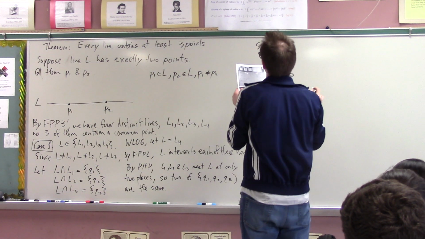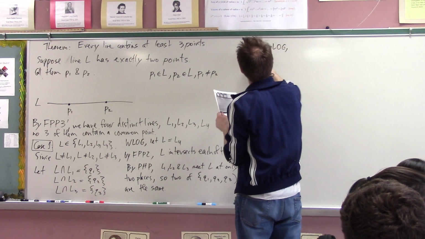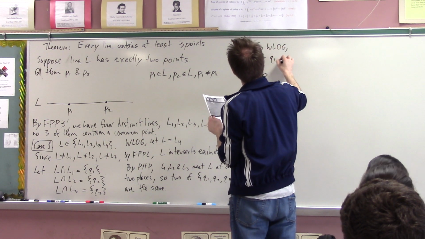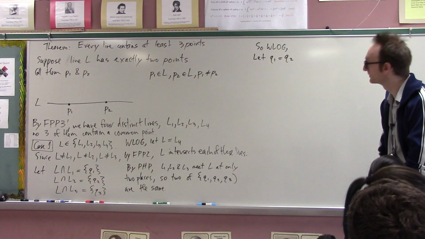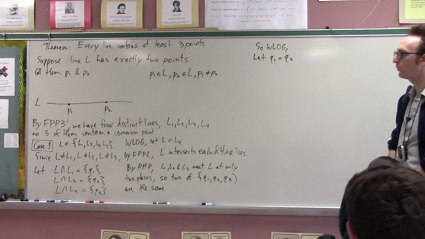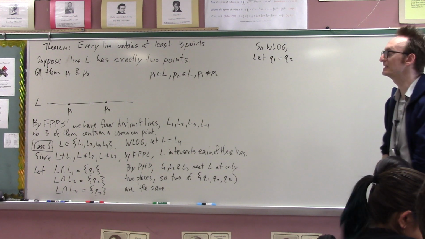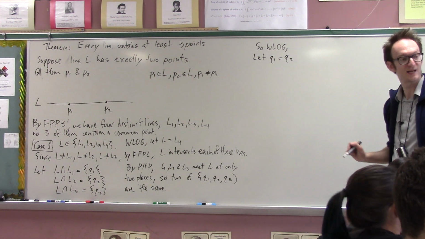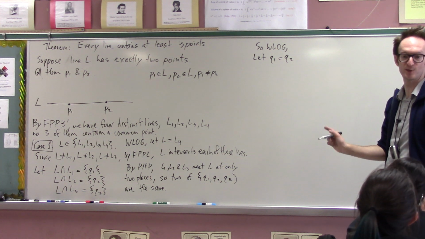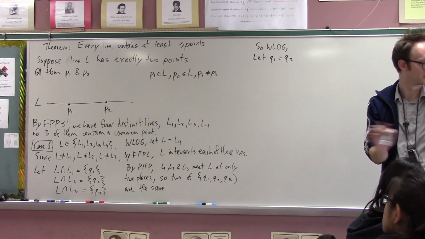So without loss of generality, let Q1 equal Q2, which is just another way of saying let L1 and L2 meet L in the same place. Not saying whether it's P1 or P2, because that's just distracting. Who's with me?